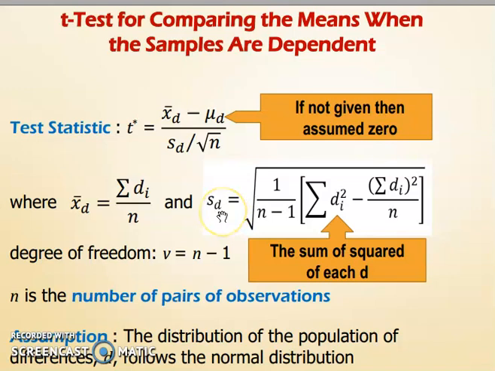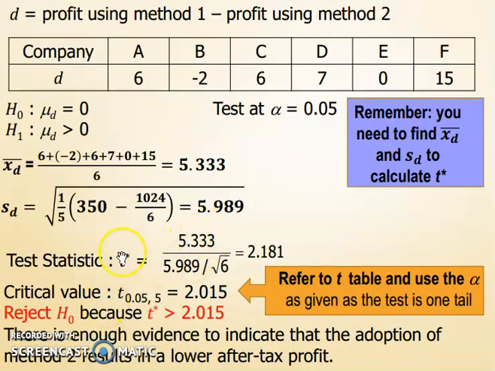The same goes for s D; we need to calculate it with this formula. This is the summation of di squared, meaning that you need to square each of the di and then sum all the di squared, and this is the summation of di, squared. Once you have the test statistic, replacing all the values, you get 2.181.